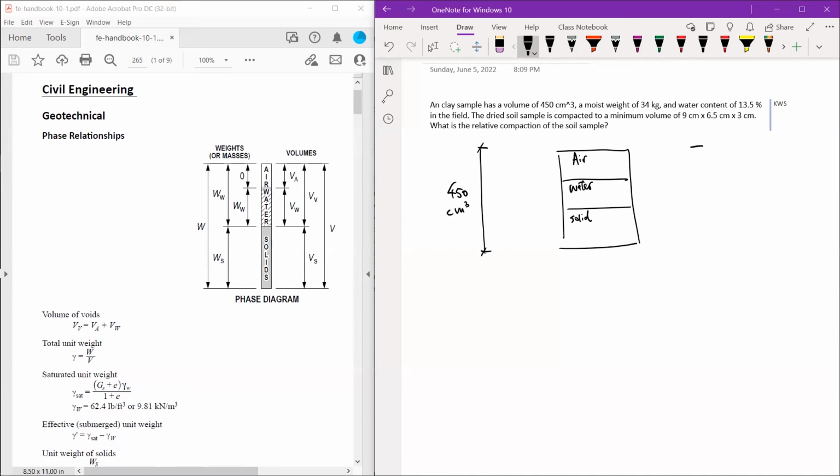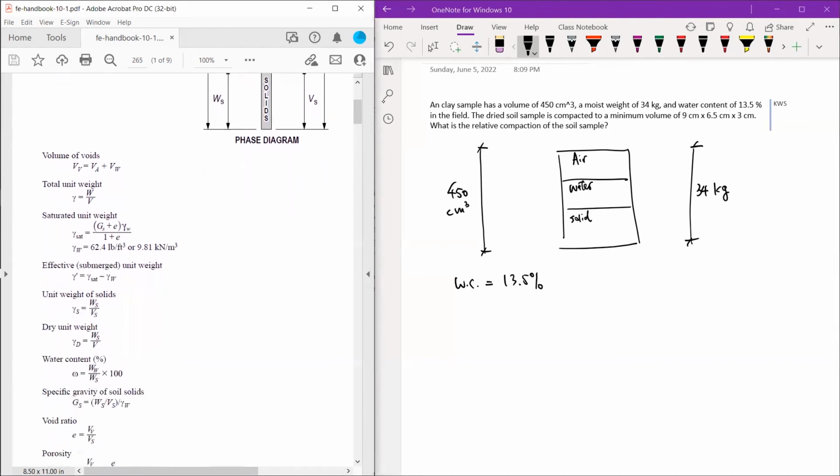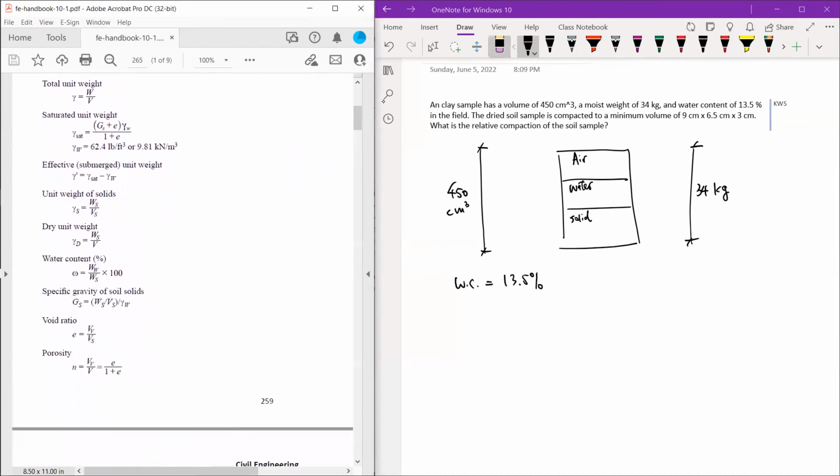It also gives you the total weight, which is 34 kilograms. Additional information includes the water content equal to 13.5%. The FE manual uses this Greek letter for water content, so let's be consistent with the symbol from the FE manual.